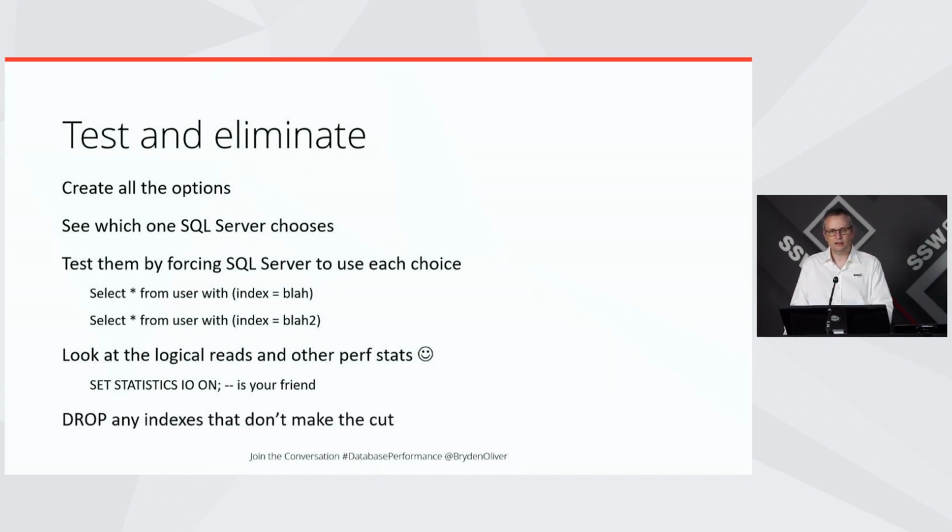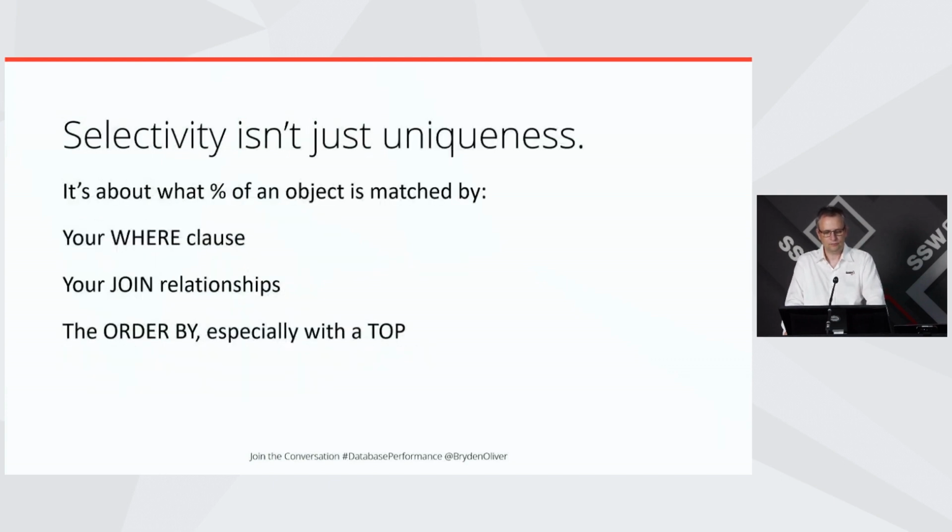And then finally, remember to drop any indexes that don't make the cut. So if you're not going to use the index, don't keep it. Remember, selectivity isn't just uniqueness.